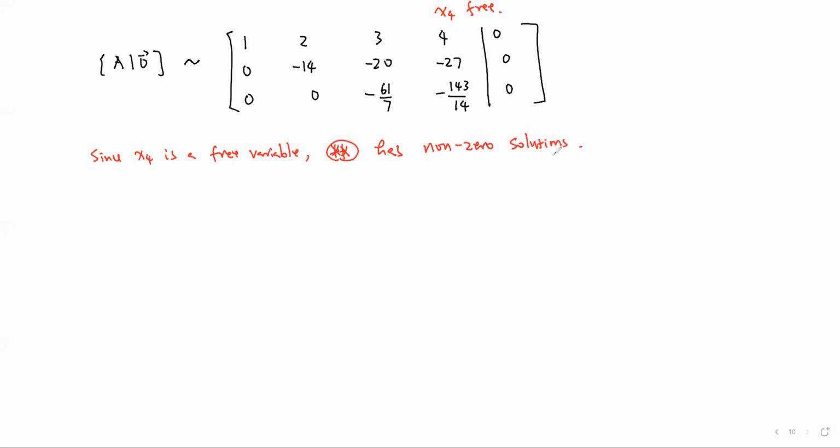Now the conclusion is the columns of the given matrix are linearly dependent, by definition.